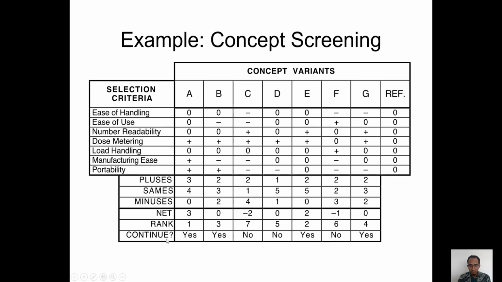So we will continue after the screening with 4 concepts, which is A, B, E, and G, the 4 highest rank from the available alternatives.